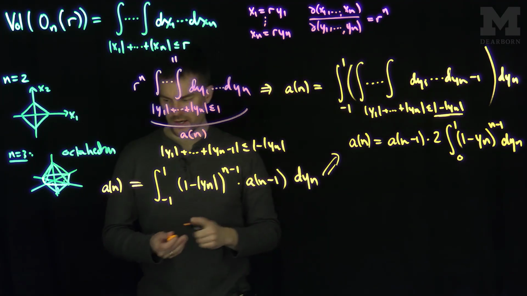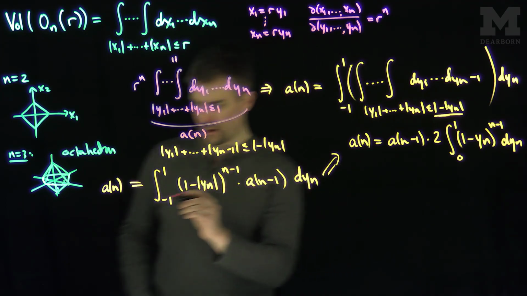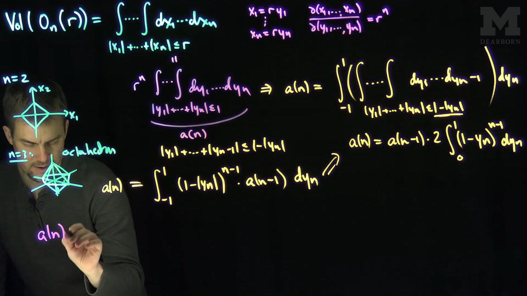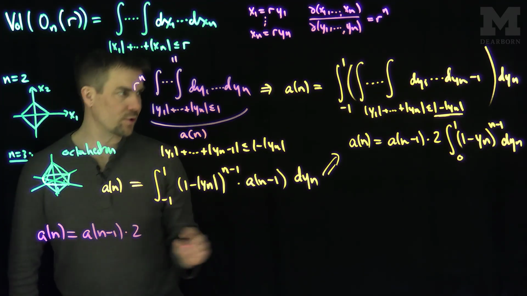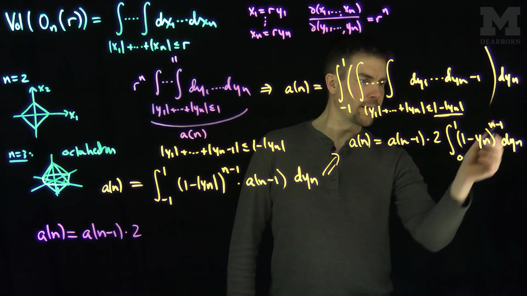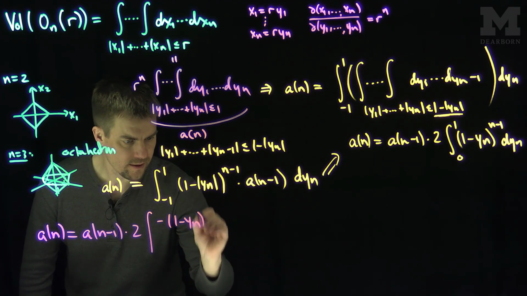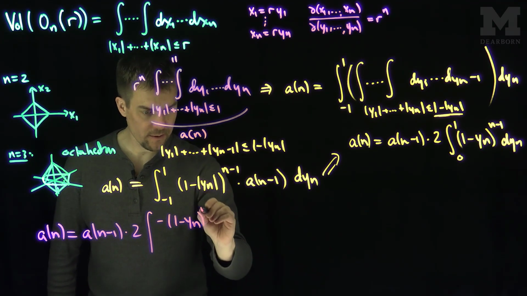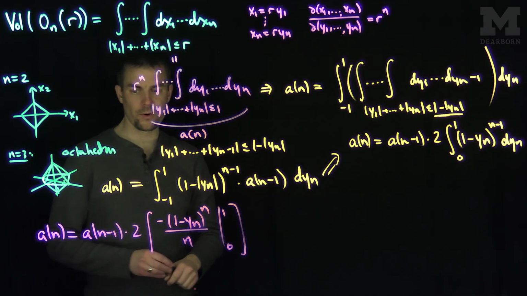So let's integrate this and see what we get. So now integrating this, we can conclude that an is equal to a n minus 1 times 2. And then this is going to integrate to 1 minus yn to the power n over n, with a negative sign, from 0 to 1. And that just gives me a 1 over n.